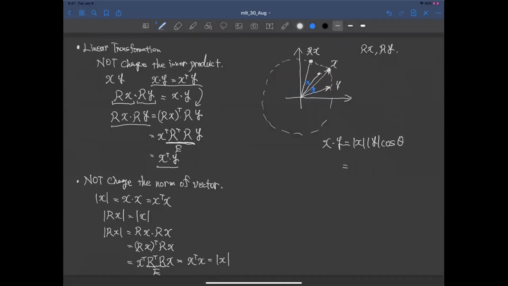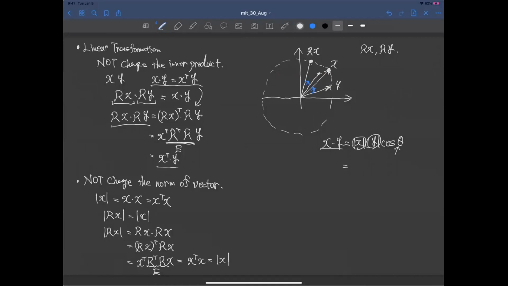As I have said, the linear transformation with an orthogonal matrix doesn't change the norms of X and Y. Then the inner product is also not going to change. That's why the angle is also the same. So that's why the linear transformation will always be a rotation.